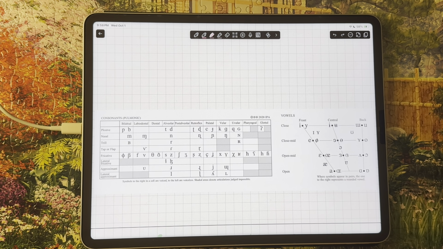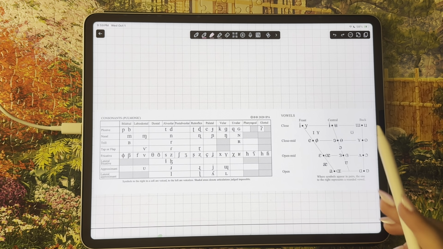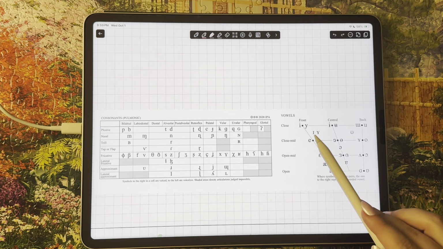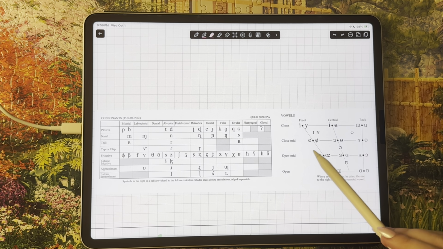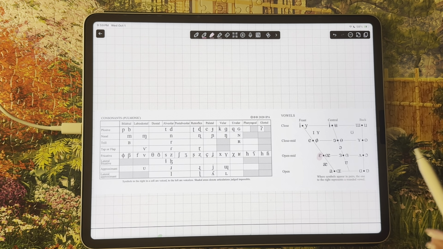So like apron or able. So that's that one. And this one is like in epsilon or egg.